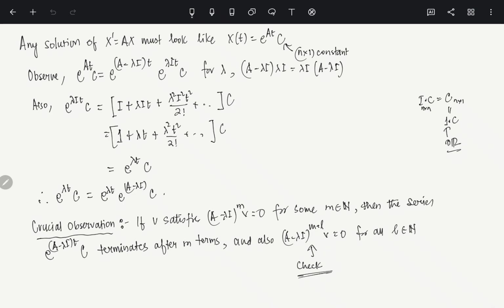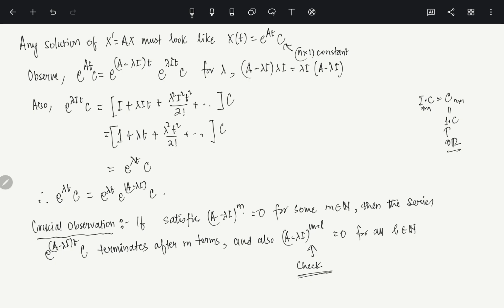We have assumed that if you can find a V, we don't know whether such a V exists or not, such that that happens, then what? I should write it as C, it will be better.